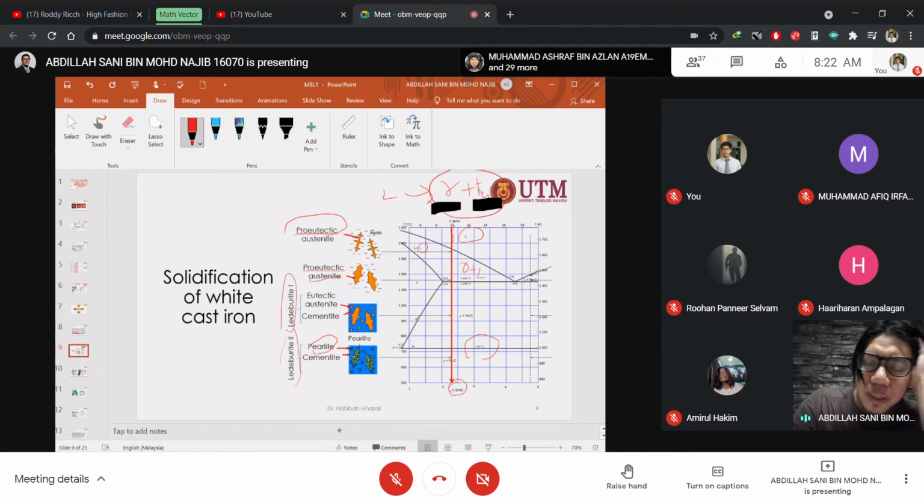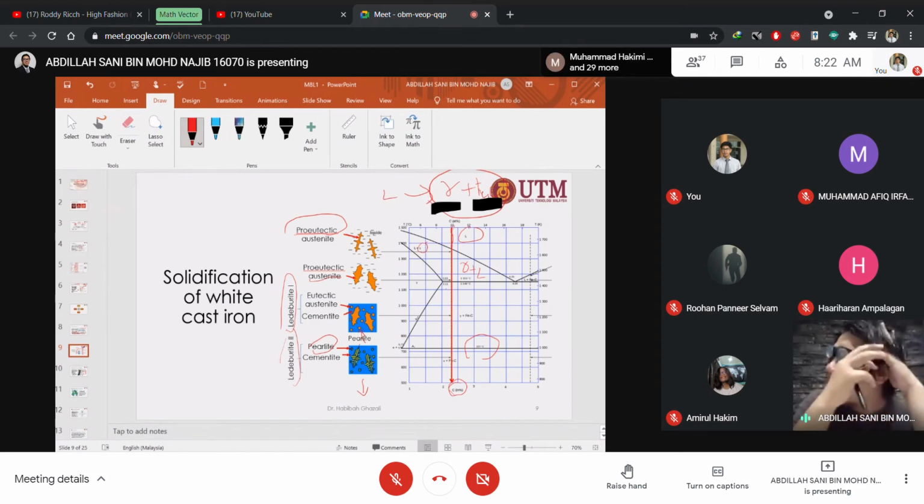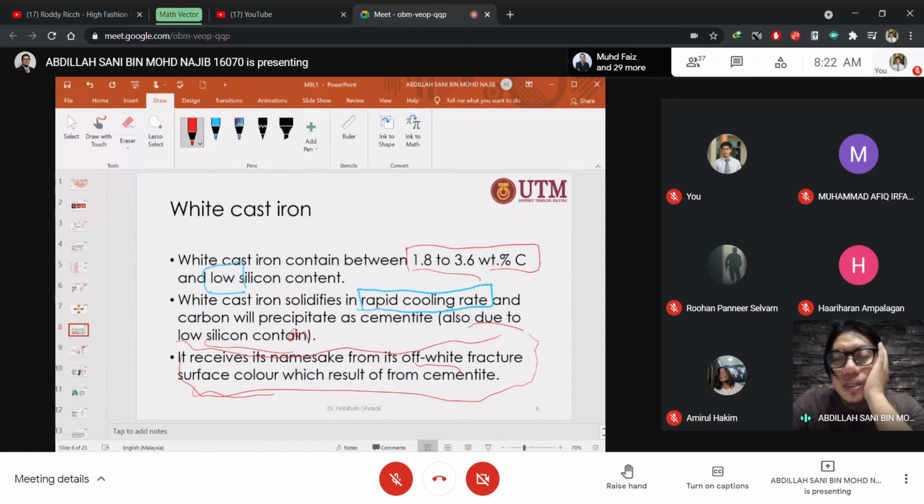For example, when we apply some tensile force and it breaks, the fracture surface will be mainly of the cementite phase, and that is where we have this white fracture, and how we get the name white cast iron.